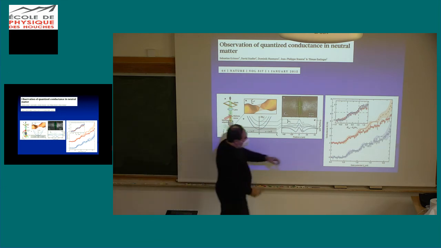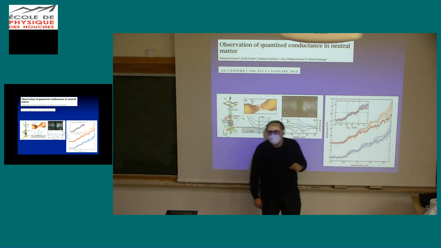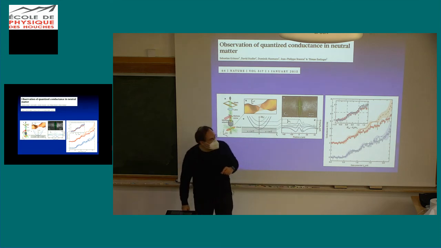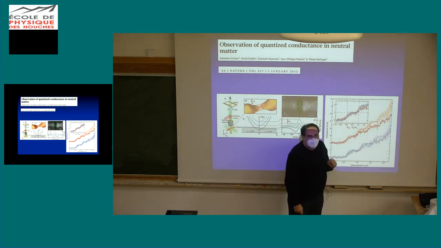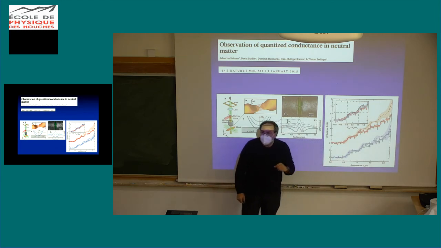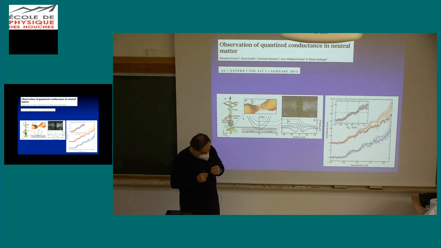But so what is the reason why we see these plateaus here in the conductance? Why do I see 0, 1, 2, 3 here? Exactly.